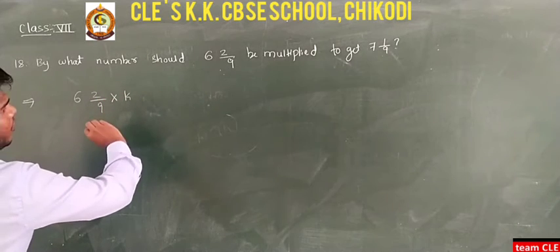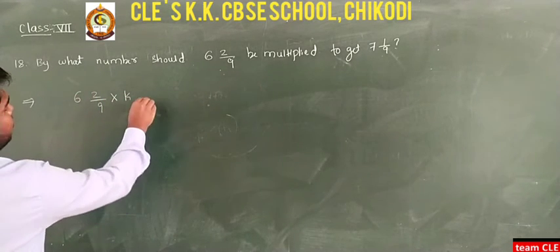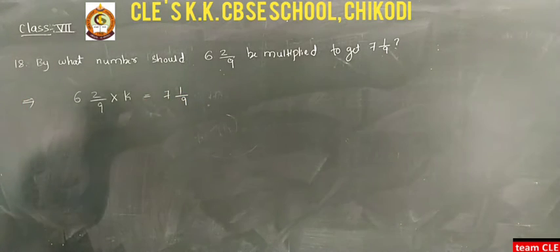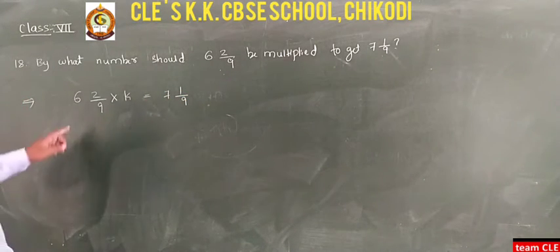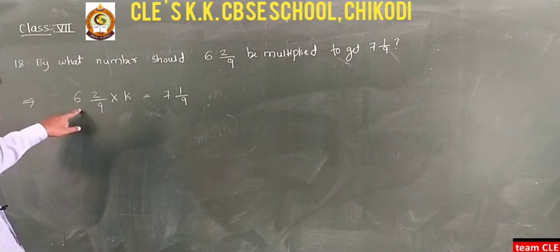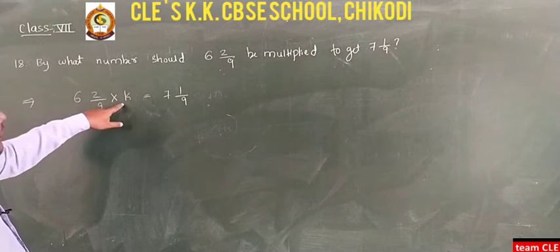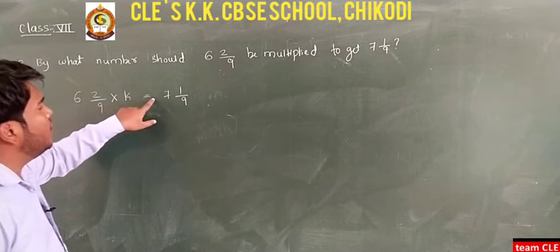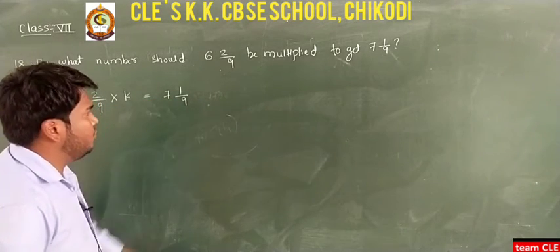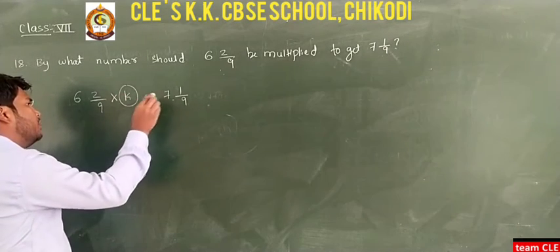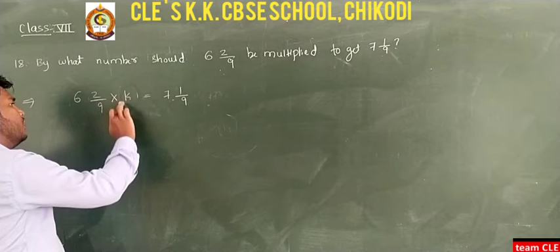So let that number be multiplied by k, which equals 7 integer 1 by 9. According to the question, this is the equation: 6 integer 2 by 9 should be multiplied with a constant k to get 7 integer 1 by 9. So which number should be multiplied to get 7 integer 1 by 9? This is the question they are asking.